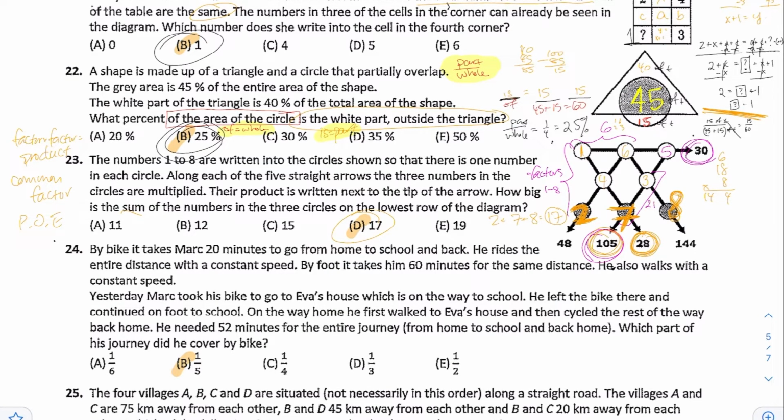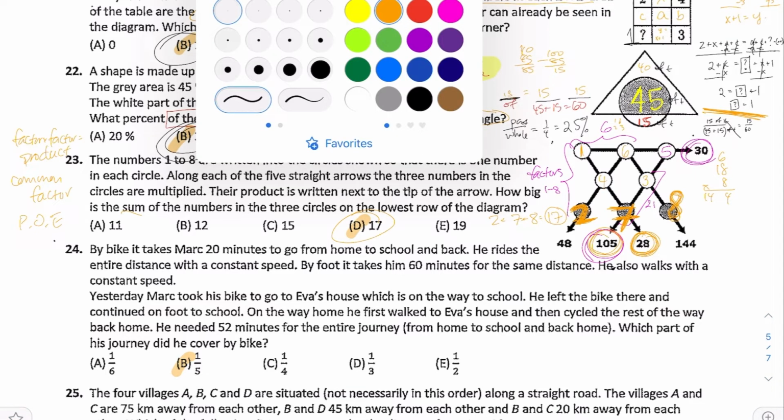Only 2 of these numbers are multiples of 5, only 2 of these numbers are multiples of 7, so I would start there. You don't want to start with 2, for example, because 4 of these numbers are multiples of 2, so you don't really know where to put 2. So start with the ones that are kind of weird and don't really have that many multiples, and eventually everything will fall into place.